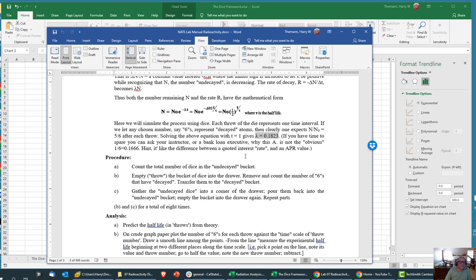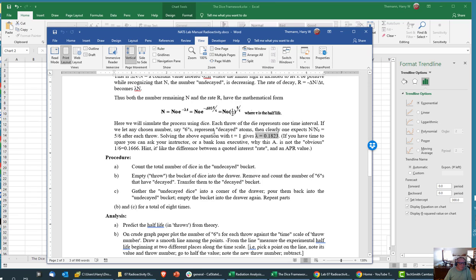Okay, and why is that? That's when, right, that's the half-life. So that means tau, the half-life, equals 0.693 over lambda.